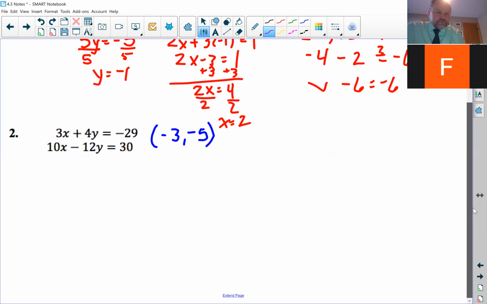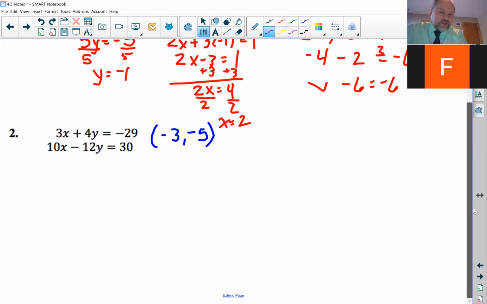For number 2, I don't have coefficients that are exactly the same or exactly opposite. So now I need to decide, can I multiply? One of the things I will always do is check the smaller coefficient.